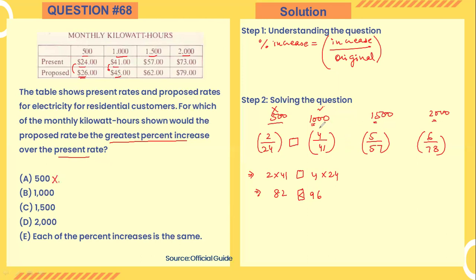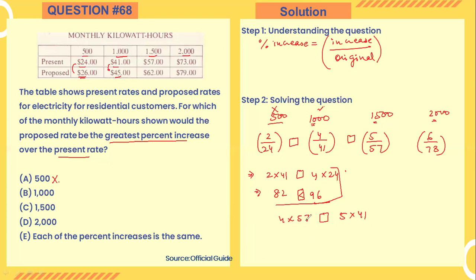Now let's compare 1000 with 1500 data, right? Same way, let's understand and calculate it. So 4 times 57 is to be compared with 5 times 41, right? Just cross multiplying, it will not change the inequality.